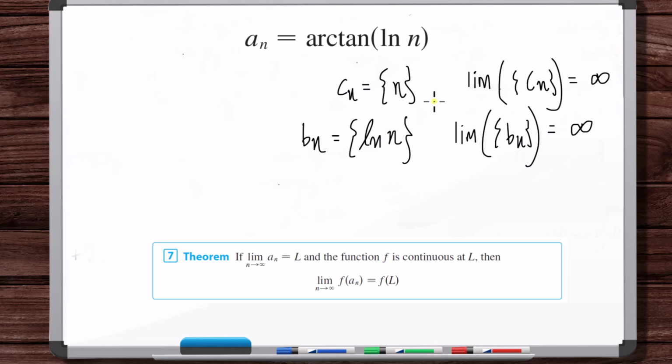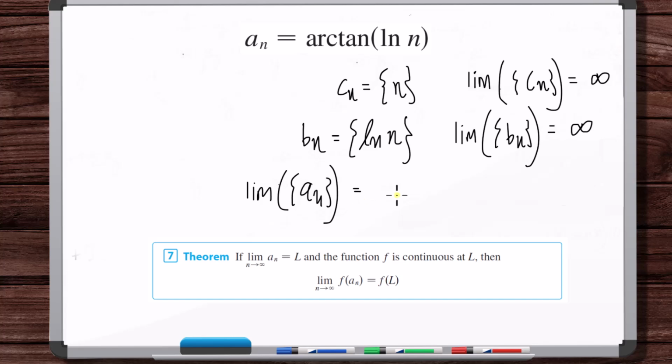So now, is arctangent continuous at infinity? Yeah, the domain is all real numbers for arctangent. So the limit of A sub n, which is what we're looking for, is arctangent of infinity, which means the limit as x approaches infinity of arctangent of x.